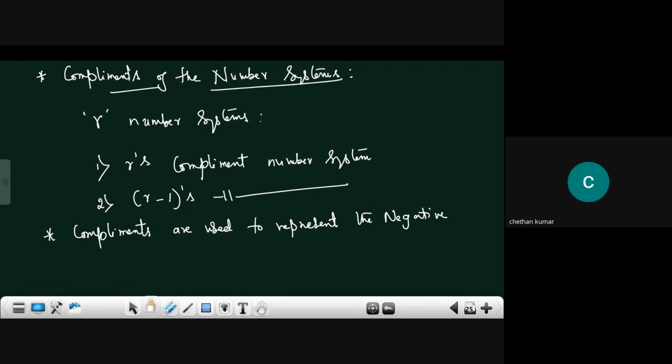In your hardware, in your system, you are not putting a minus sign. The system does not understand the minus. When you want to tell your CPU that this is the representation of this number as negative, that representation you can call the complement. Complements are used to represent negative numbers.